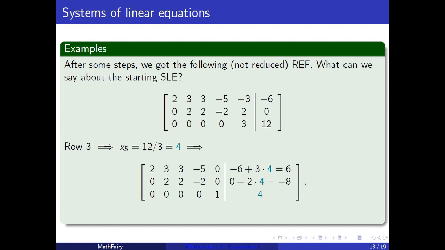which would leave us with this coefficient matrix. Now notice that we cannot get rid of x3 and x4 in either of these first two equations. So they must be free variables. They can be whatever they want to be, or whatever we want them to be.